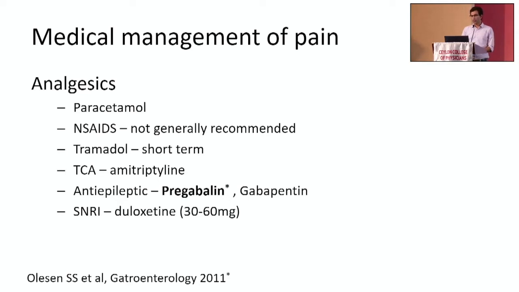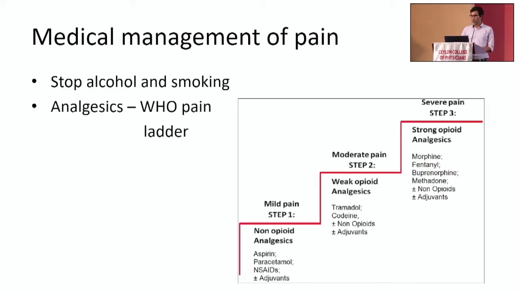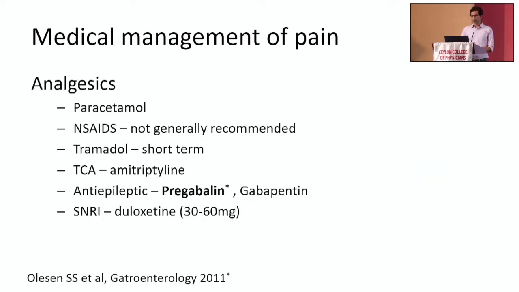The opioids, especially the weak opioids, can be used in the short term, but strong opioids should be avoided as much as possible due to tolerance and the possibility of dependence.